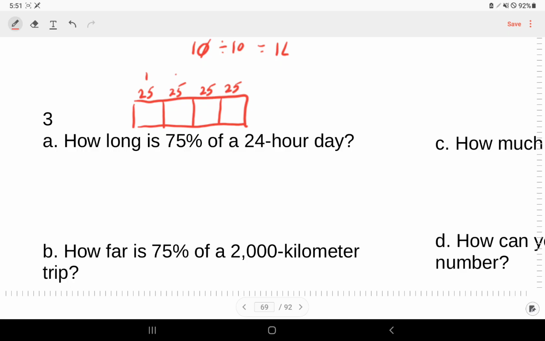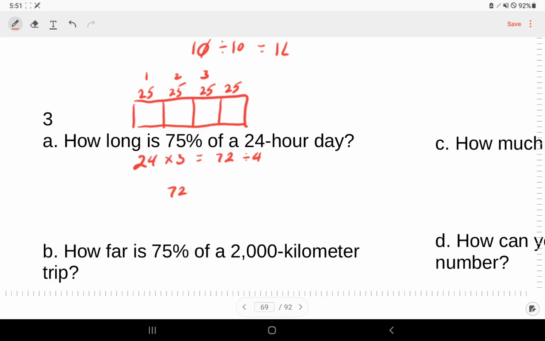Well, we need 1, 2, and 3 25s to make it 75%. So we do 24 times 3, and we get 72, and then we divide by 4.